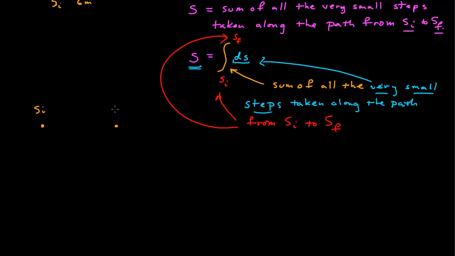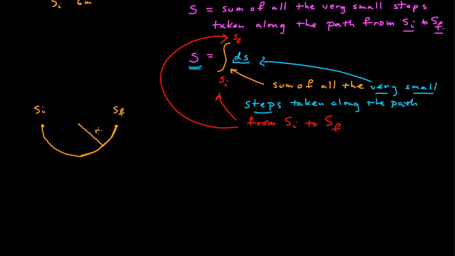Here's an initial, and here's a final, and they lie on opposite sides of a circle, and the path taken to get from one to the other lies on a circle with radius r.